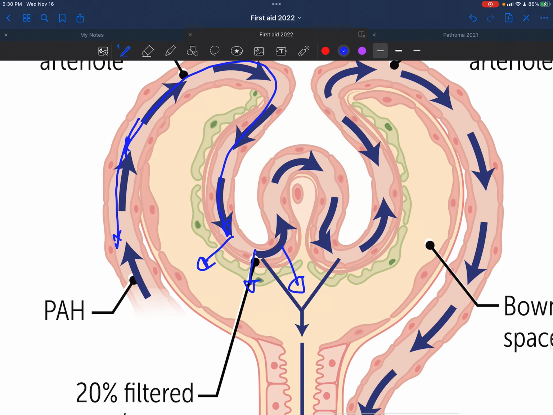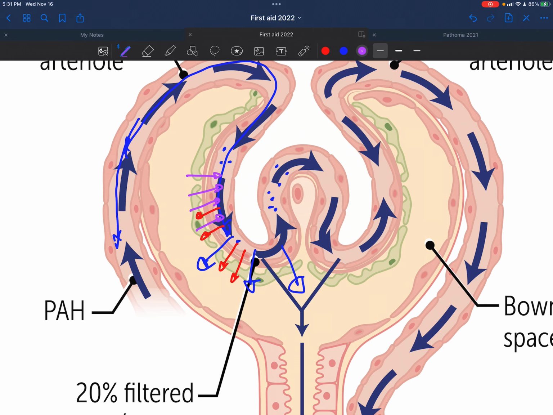The particles within the blood in the glomerulus have two types of pressures: a pressure that pushes these particles to the outside of the vessel, called the hydrostatic pressure of the vessel, and another type of pressure that pulls things from the outside into the vessel. This is called the oncotic pressure of the vessel.